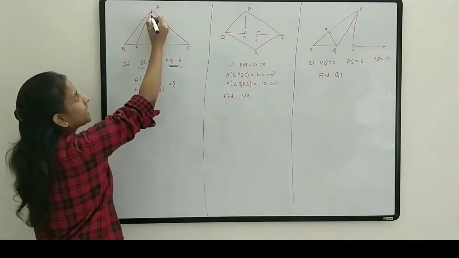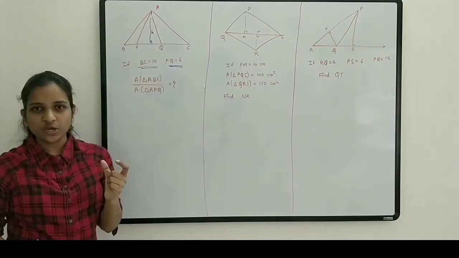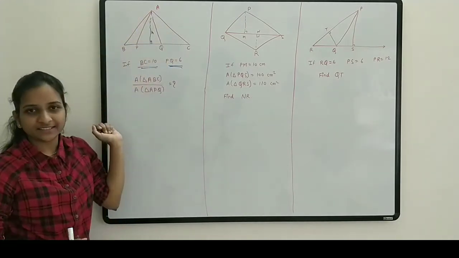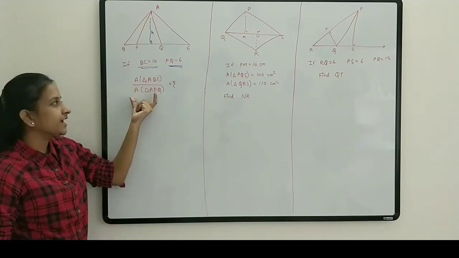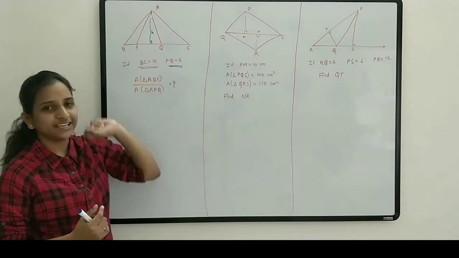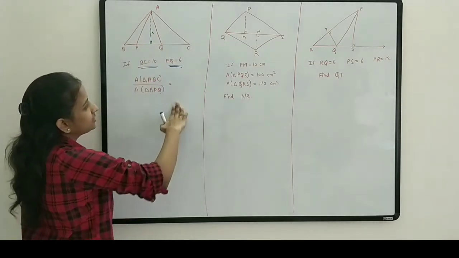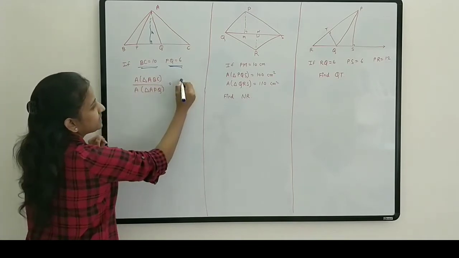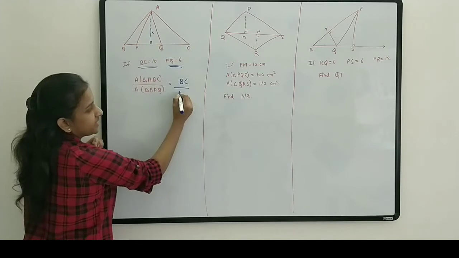For both the triangles, the height is somewhere like this, and it is equal for both the triangles, right? So the ratio of areas of two triangles having equal height is nothing but the ratio of their corresponding bases, right? So for ABC, the base is BC and for triangle APQ, the corresponding base is PQ.